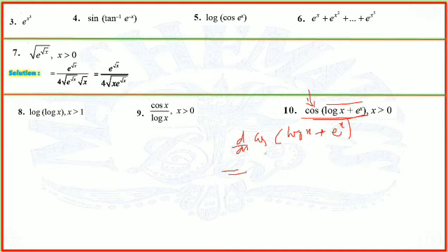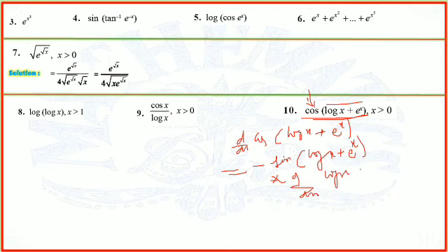So first of all, the derivative of cos is minus sine, the angle will remain as it is, log x plus exponential x, and then into the derivative of the angle, log x plus exponential x.